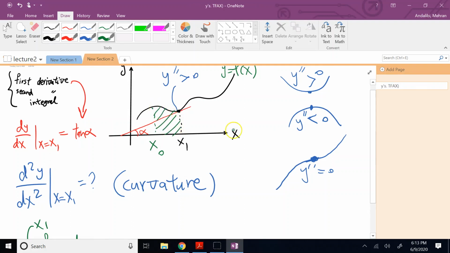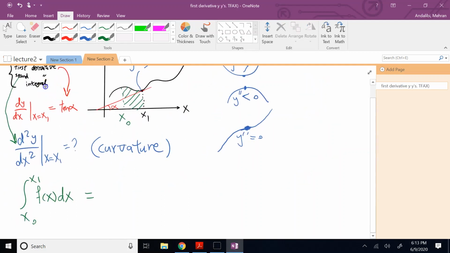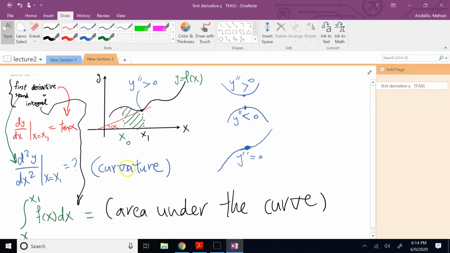The area under the curve, right? Okay, so second derivative is curvature, and integral is area under the curve. So these are really important from your calc.